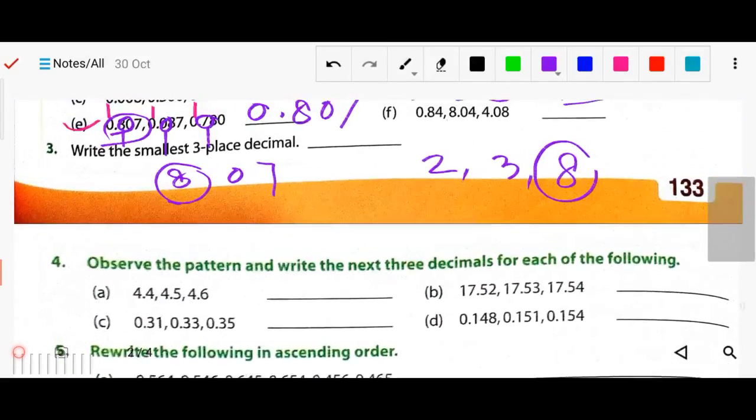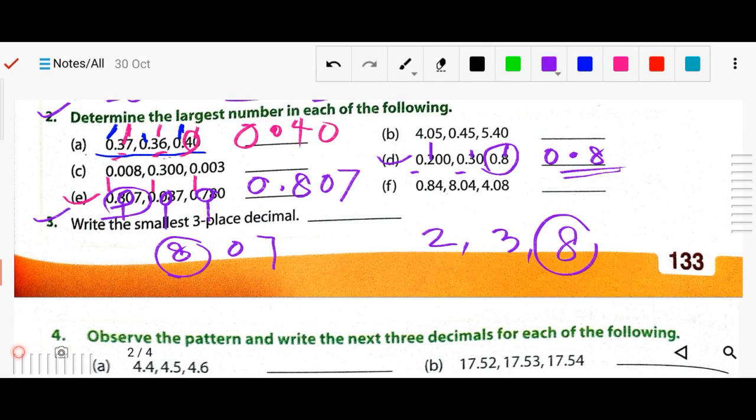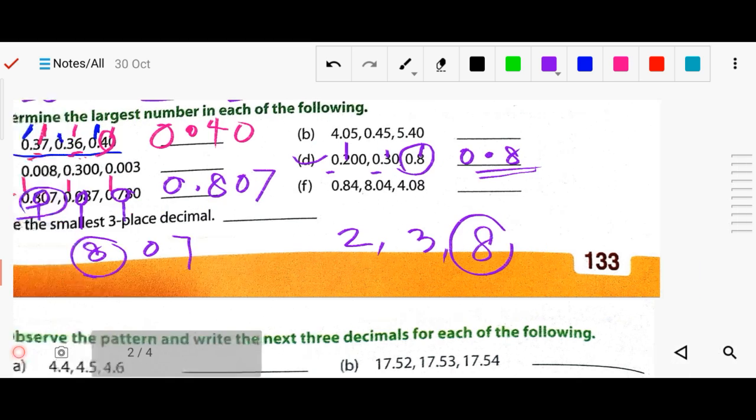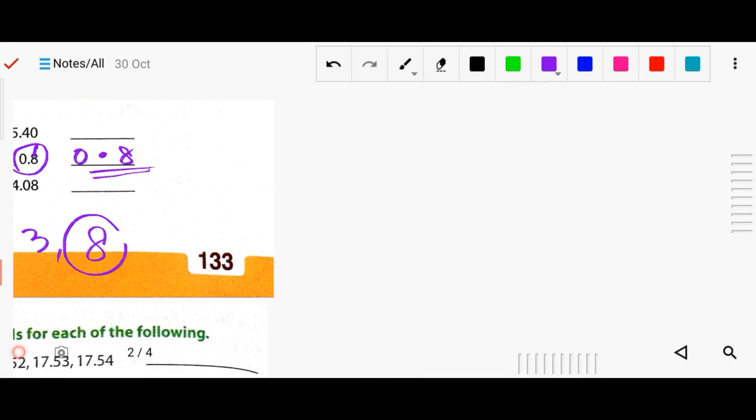Now one more question is here, number 3. Write the smallest 3 place decimal. So we have to write the smallest number with 3 digits after the decimal.